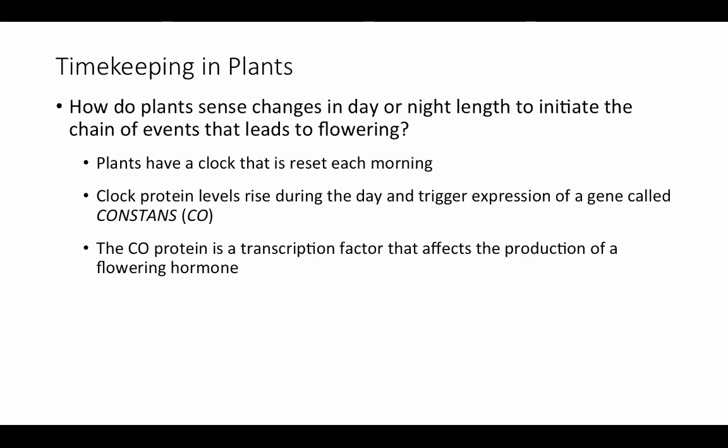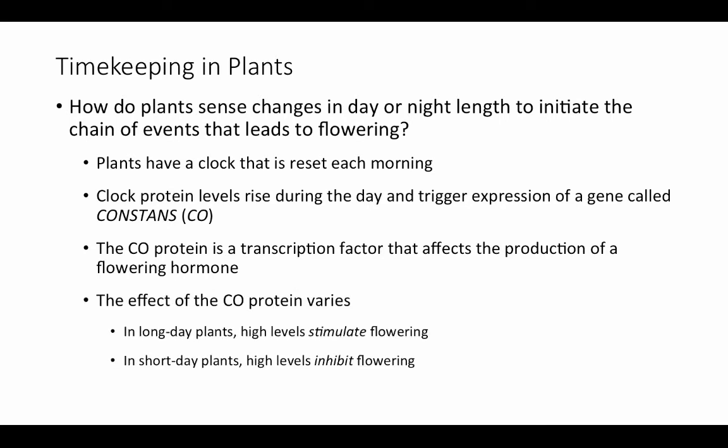So however long the light lasts during the day, these constans proteins are going to accumulate. So longer days, you'd end up with a larger amount of this constans protein. For shorter days, you're going to end up with a smaller amount of this constans protein at the end of the day.